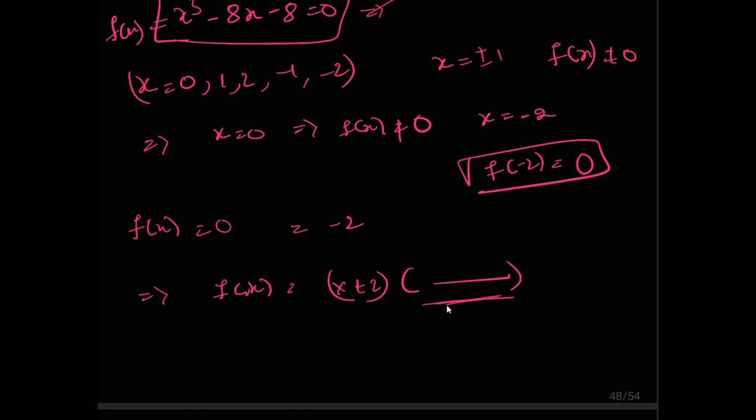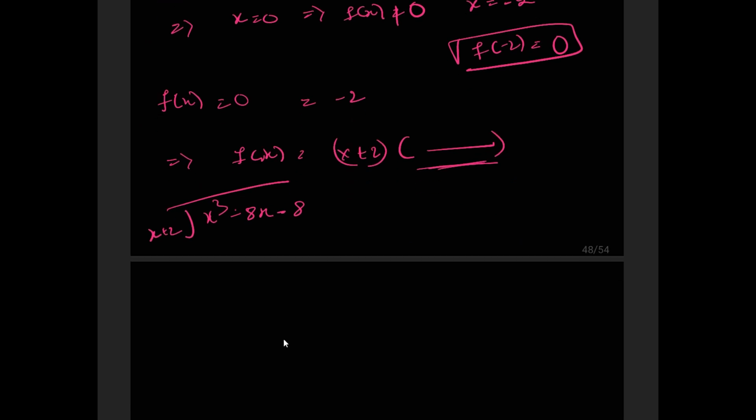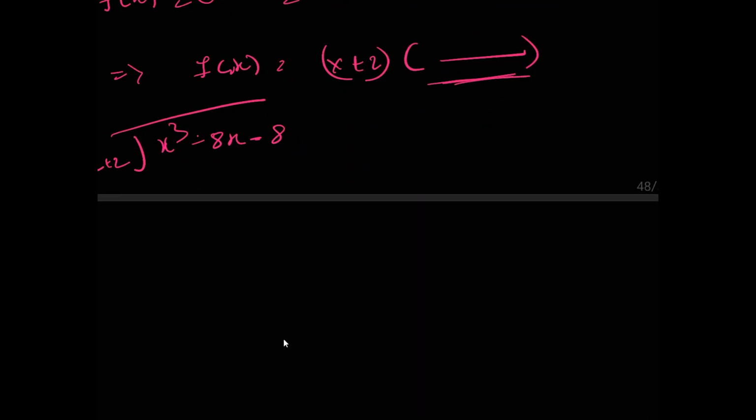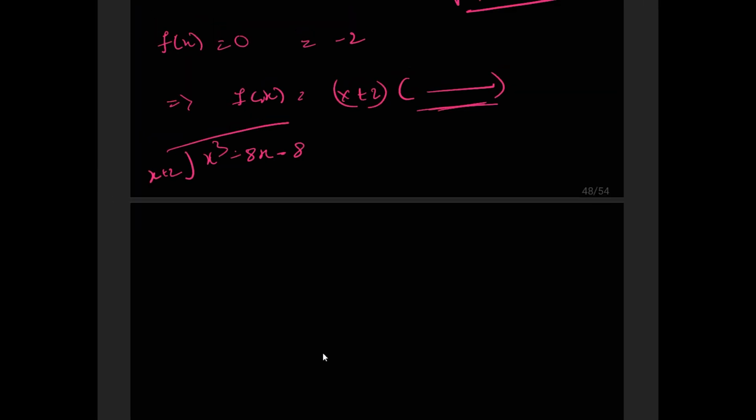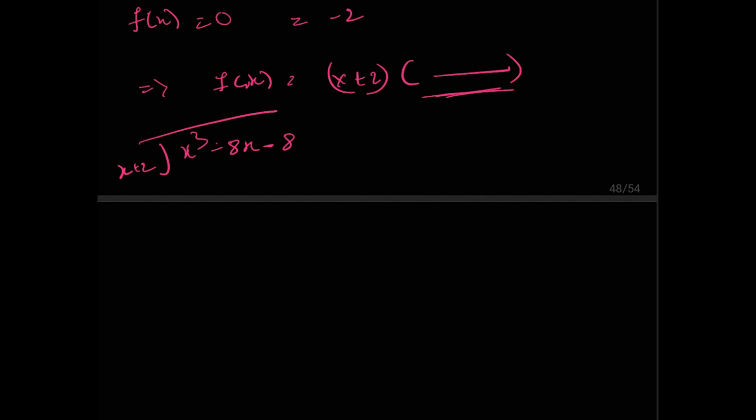Now, to get this value, we can divide x cube minus 8x minus 8 by x plus 2. Multiply by x square: x cube plus 2x square.